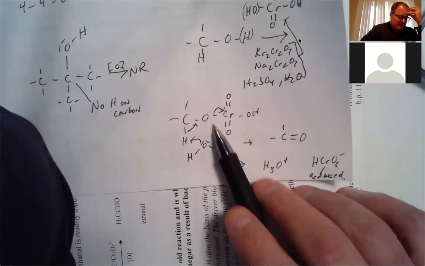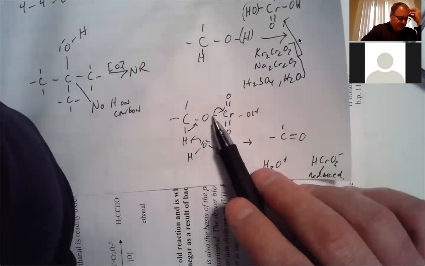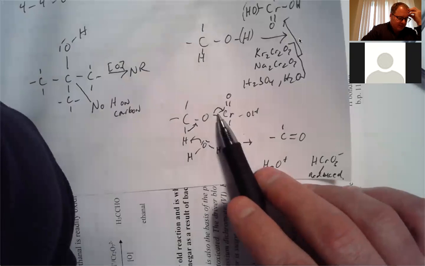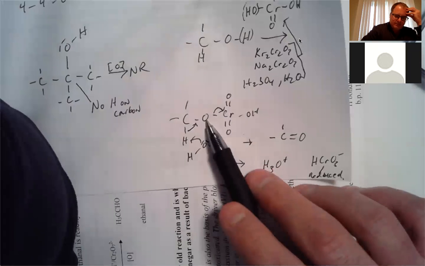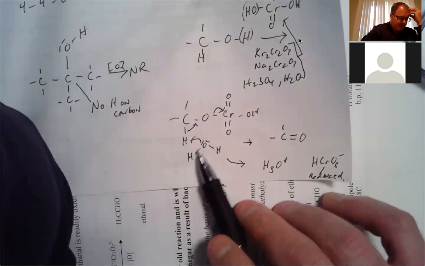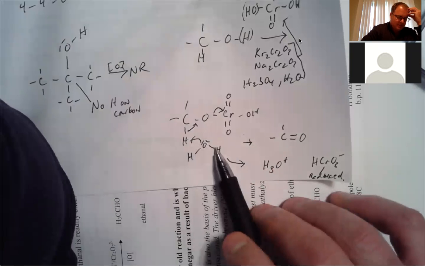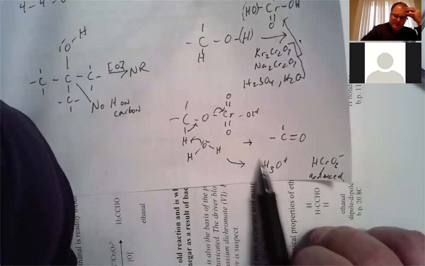What that then does is that now we have that chromium, and that's going to come in and bond with this temporarily. Then whenever another OH or that H2O comes in and attracts that H, remember we're in acidified solution, so that's going to make H3O plus.